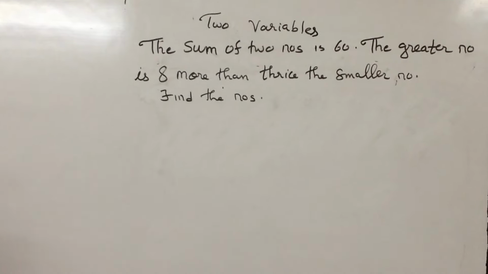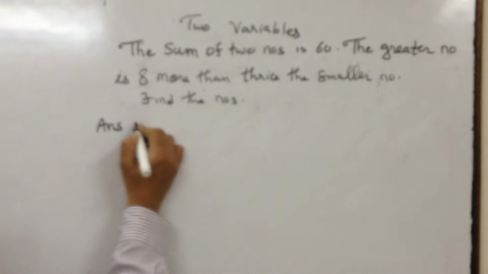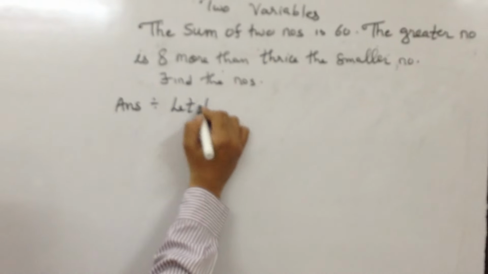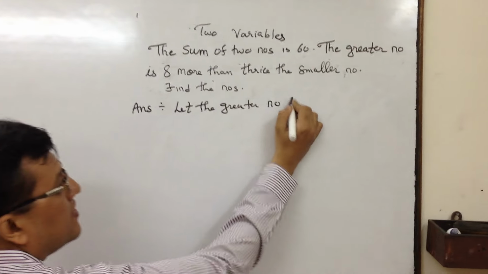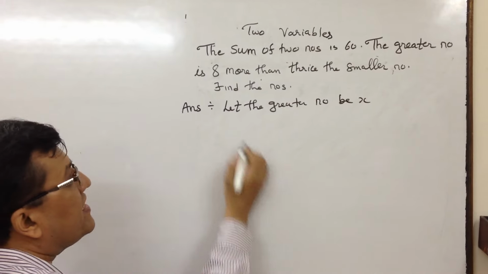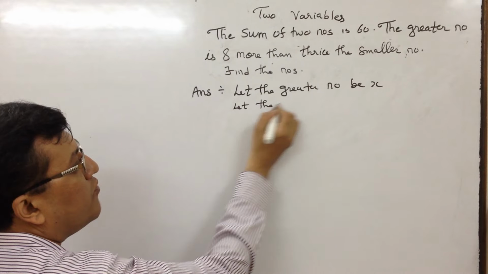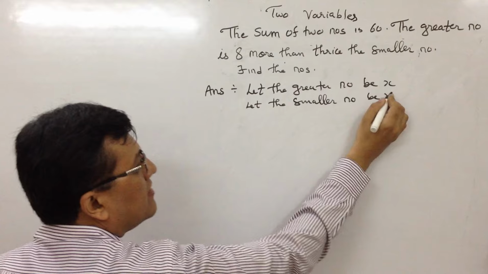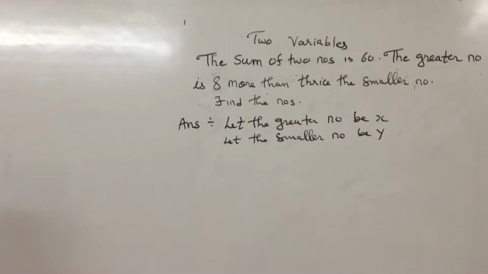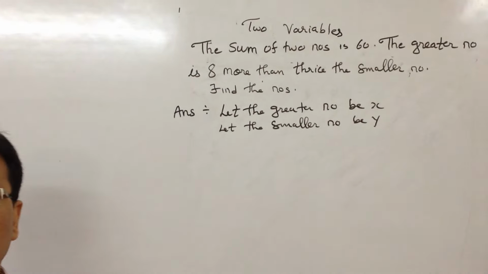So let's initialize from our side: let the greater number be x. Let the smaller number be y.